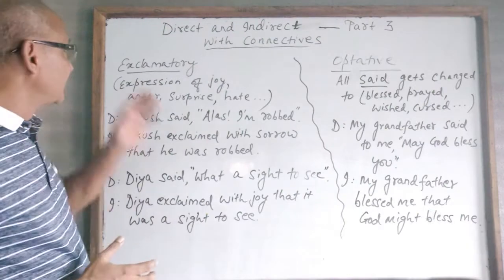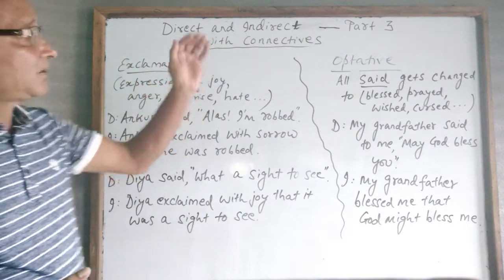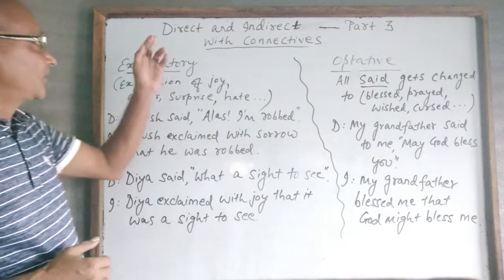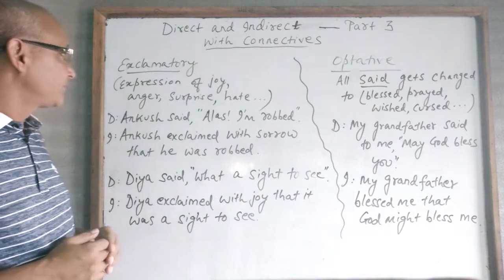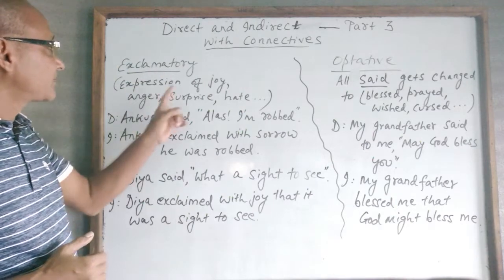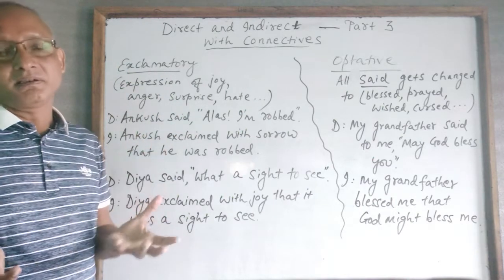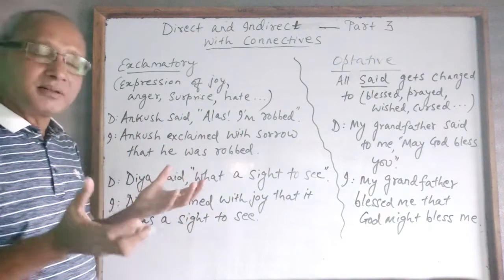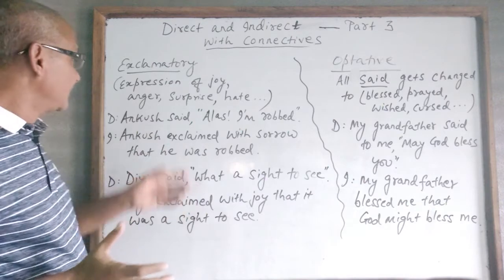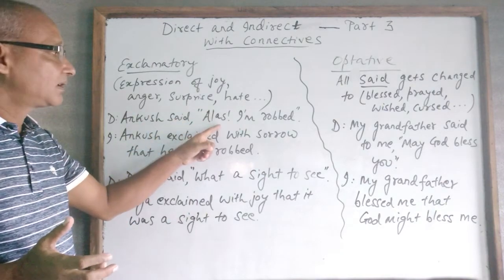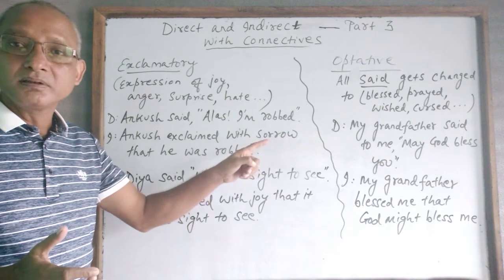Now we come to exclamatory and optative types of sentences for direct and indirect. Exclamatory sentences are the expression of joy, anger, surprise, hate. It comes all of a sudden. Let's see. Uncle said, alas, I'm robbed.